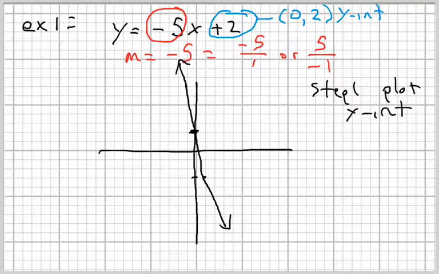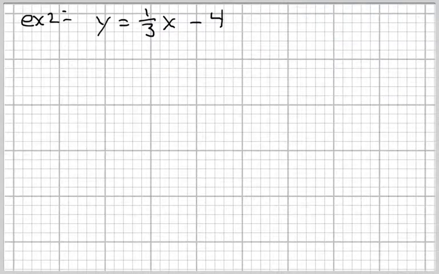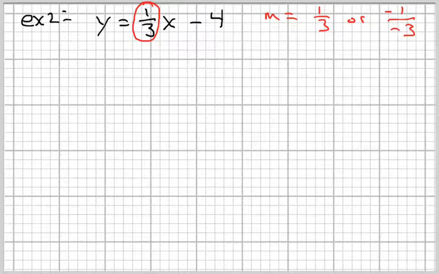Let's look at another example. So if we had y equals 1/3 x minus 4, it's in slope-intercept form, so we need to identify our two key pieces of information. We have a slope of 1/3, so my slope is either 1/3, or I can make them both negative, because a negative divided by a negative still simplifies to 1/3.